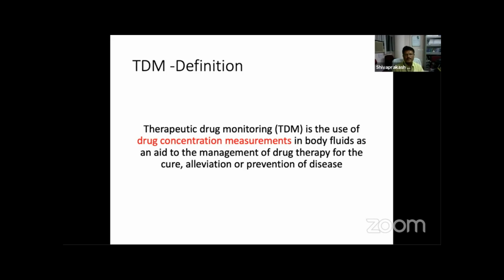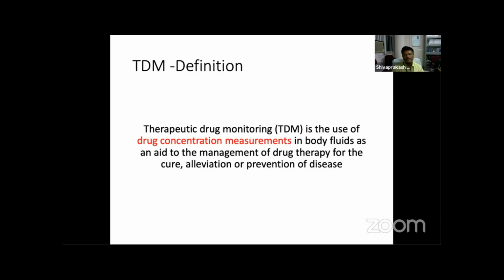For this, TDM is the tool which guides the clinician to predict efficacy as well as to see whether a patient may go into toxicity. Therapeutic drug monitoring is not only done for antifungals, though for antifungals we have been doing it for the last 2 decades for voriconazole.